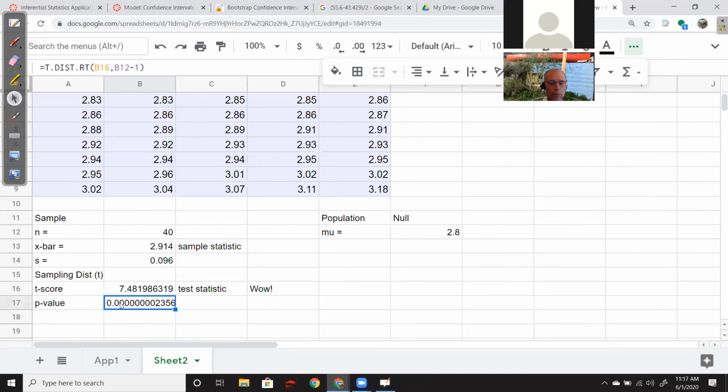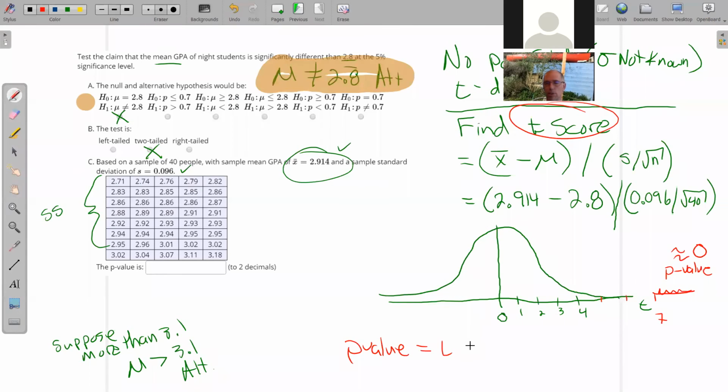Let's copy that. And can I paste it in here? So let me see, what did I type? I typed T dot, that's a funky T, try again, Gary. T dot dist dot right tail. I think it was just an RT maybe. Is that true?